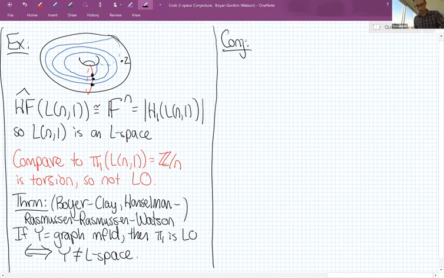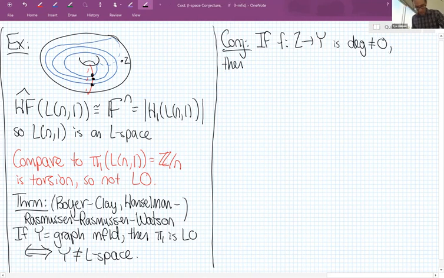In particular, the conjecture is that if f from Z to Y is a non-zero degree map, then Y not an L space implies Z is not an L space.